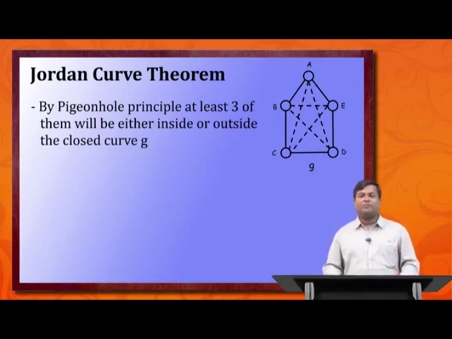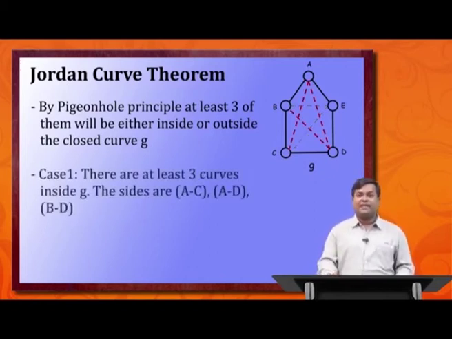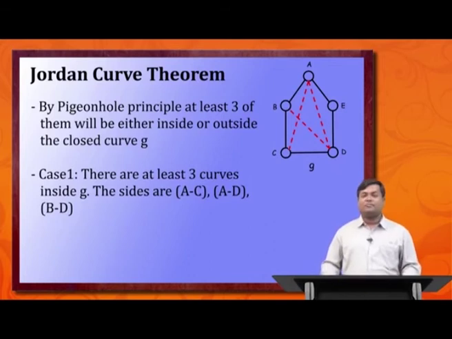That's the basic idea of the pigeonhole principle, and it's a very famous principle in mathematics. So using that, let's assume that either 3 of them are inside or outside. In case 1, there are at least 3 curves inside G. I have marked them in red. I have not drawn them yet, but I have indicated those 3 curves.